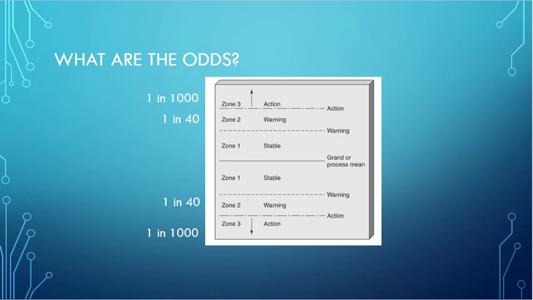And in fact, there's even a 1 in 1,000 chance that while we are in control, something will be outside of the action limits. If you have gathered 1,000 samples and you see one outside, I wouldn't get too worried. But that gives you some idea of how often you should expect to see things in those warning and action zones.